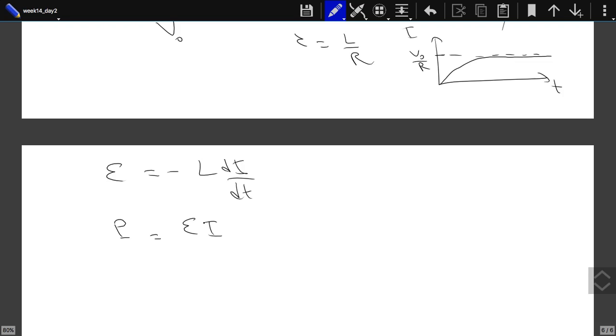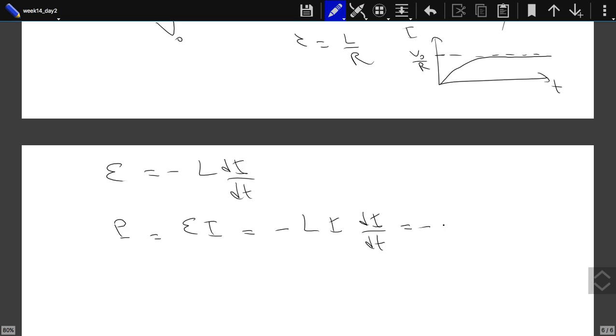So for the total work done per unit time, you have to multiply epsilon, which is per unit charge, by I, which is per unit time. This is equal to minus L I dI/dt.